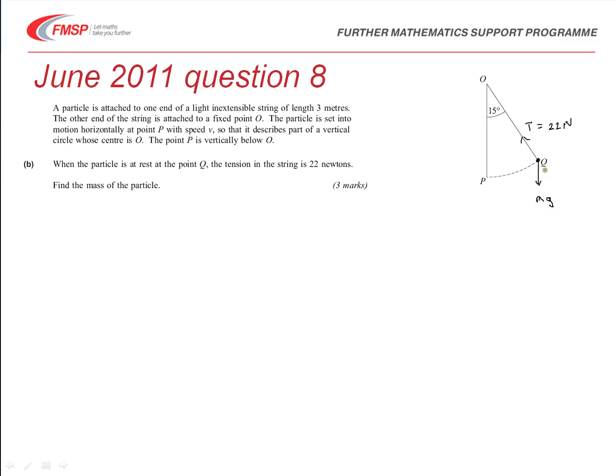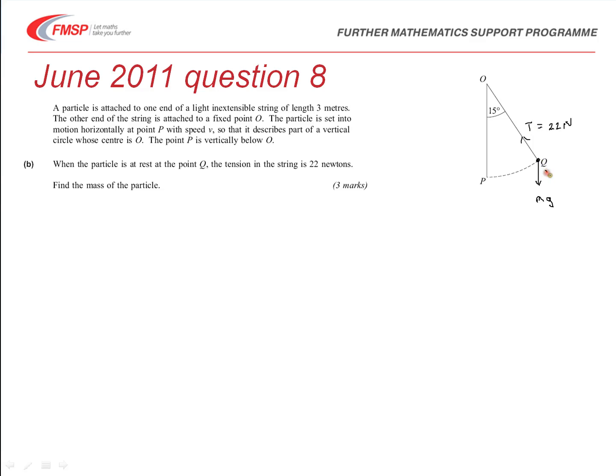Because if the velocity is 0, or the speed is 0, there is no acceleration towards the centre of the circle. So the component of the weight must be balanced, or in equilibrium, with the tension.